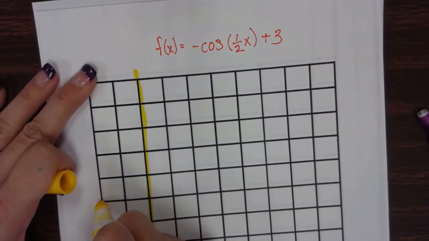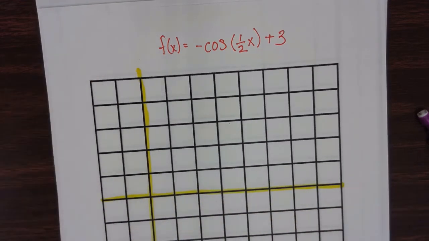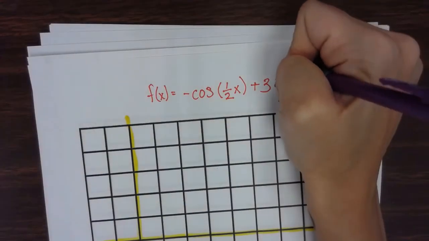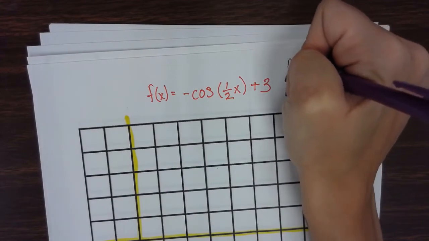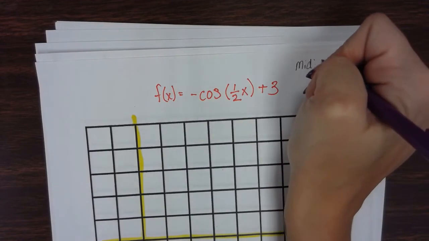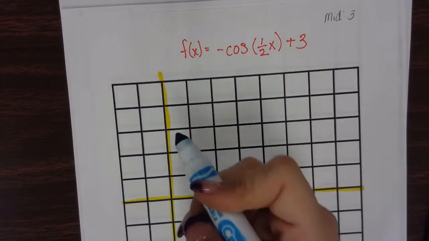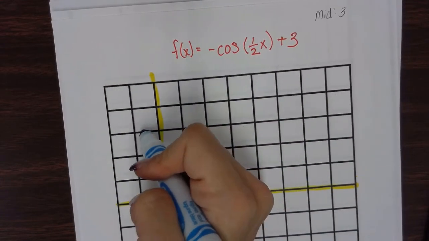Let's put the x-axis right here. Okay. Now, remember the first thing we talked about was our midline. So our midline is what's added or subtracted at the end. So it's 3. I'm going to have you graph that. So 1, 2, 3.